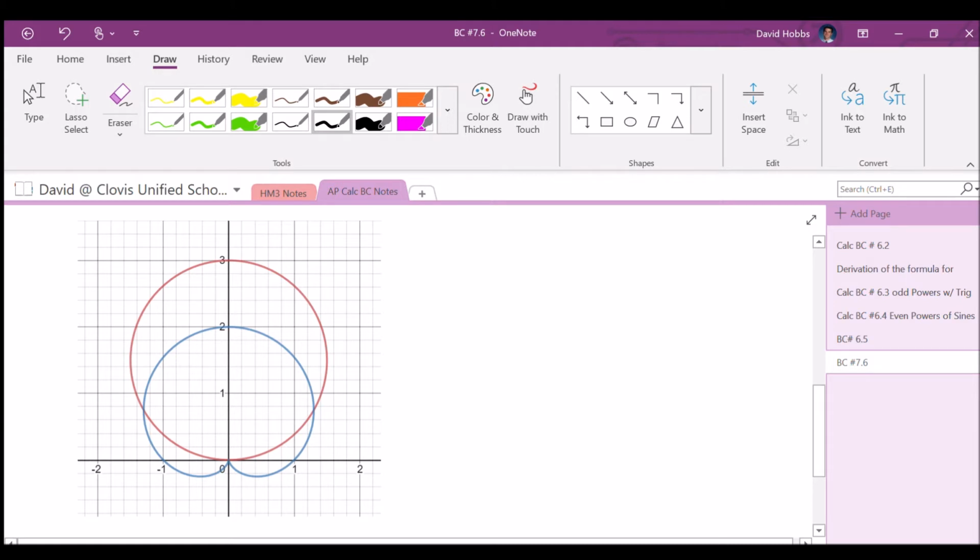Now, since we're wanting the area inside both, we're looking for the overlap of the area, and I think we all can see what that area is. So essentially we're talking about this situation right here. Let me clean that up just a little bit and make sure that we understand.